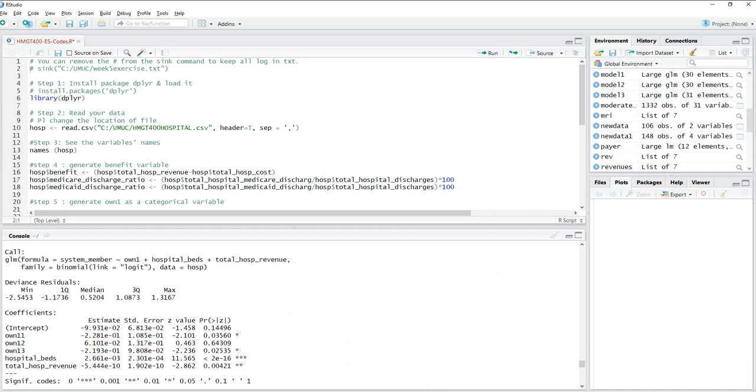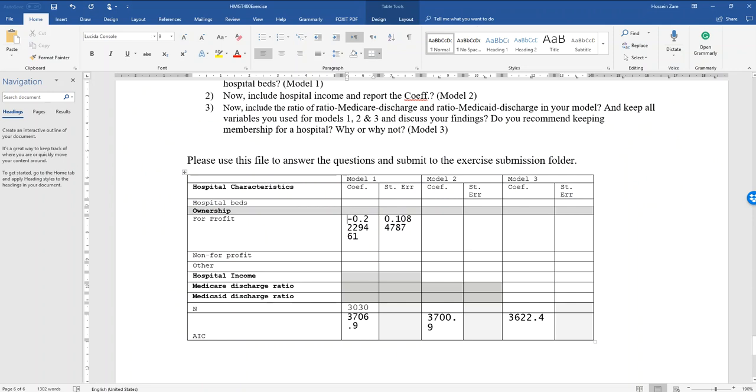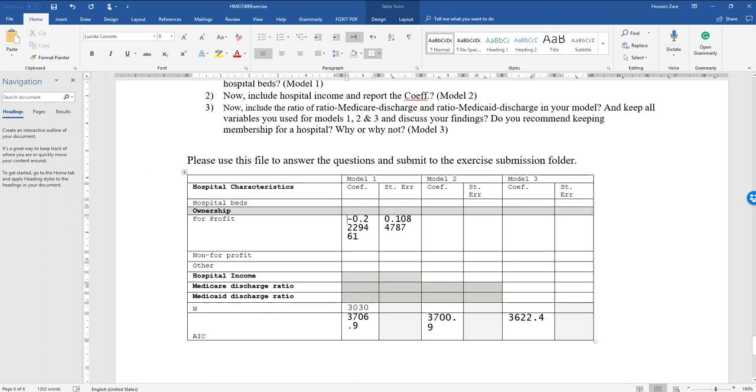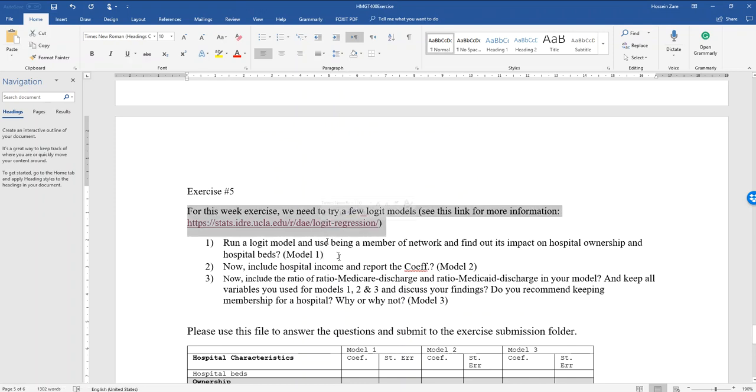That makes more sense. Okay, that's it. It was a very short and sweet exercise. I just wanted you to see some information on the logistic regression model. There's a link here if you'd like to go ahead with this link.